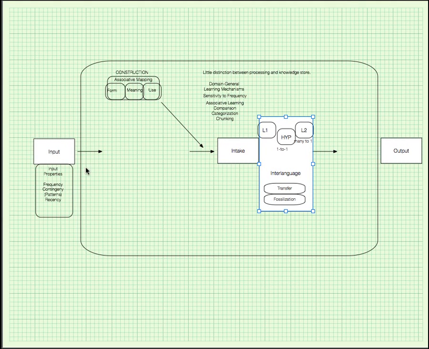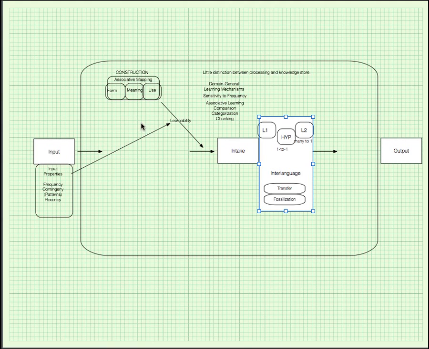Building once again on this idea of input properties and its relationship to the interlanguage, there's also this notion of learnability. And learnability is kind of a loaded term because universal grammarians use this in a particular way, and I'm not going to be using it in exactly the same way as the UG people.